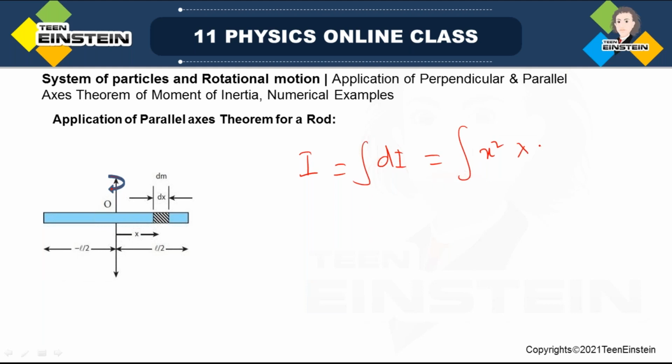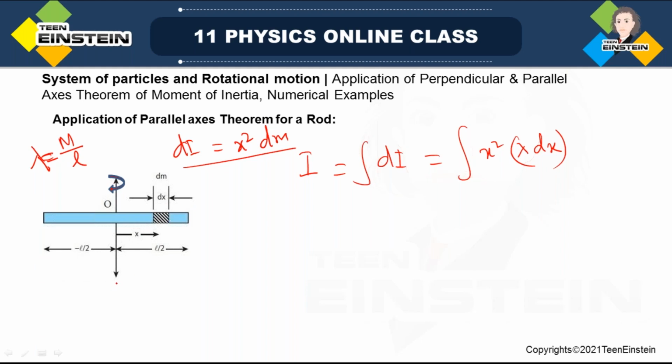I have got x square lambda dx, which is dm, and dI is x square dm. This is what we know. And lambda is the total mass M per unit length. We'll put it here and then do the limit.